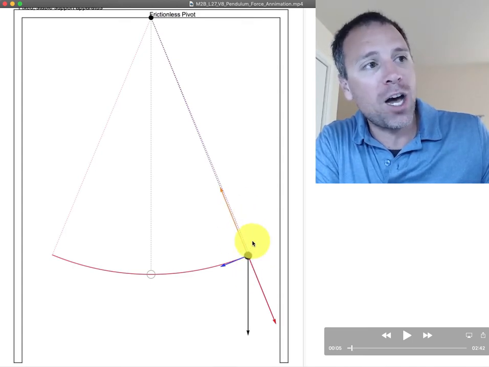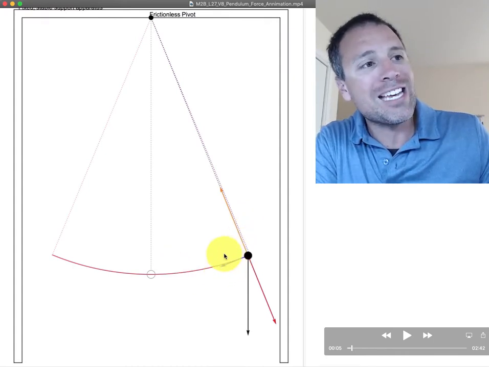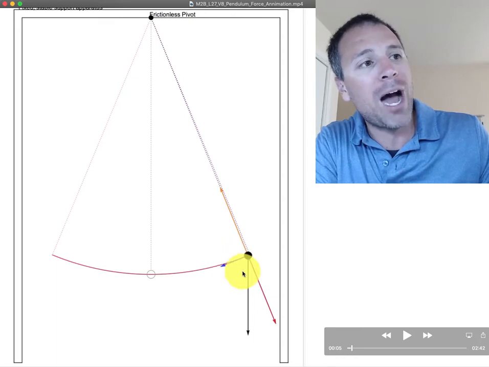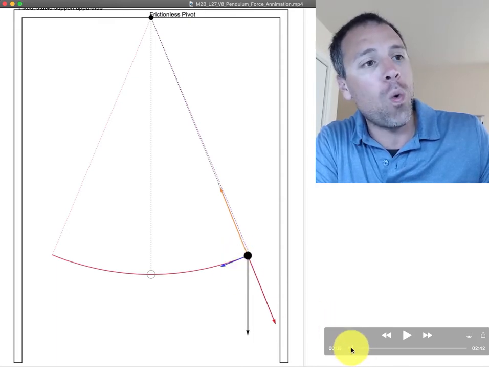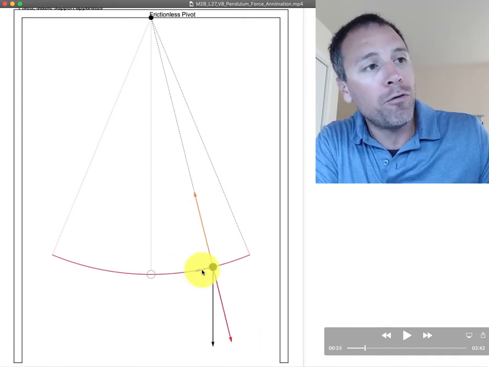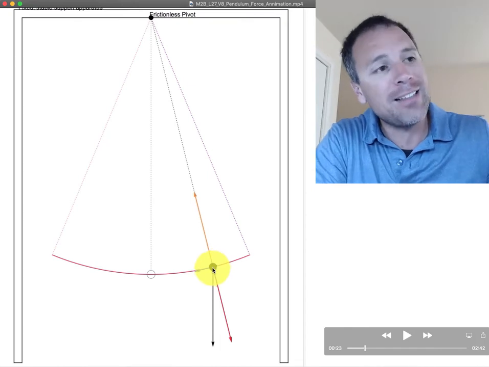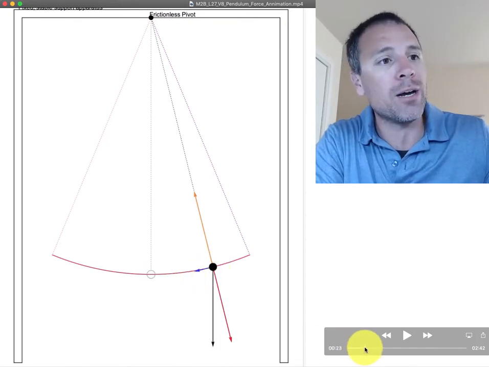That thing is going to stay constant along that vertical axis. In other words, the motion of this pendulum is completely determined by that blue force. So when that pendulum is moving downwards, the blue force, the tangential component of the force of gravity, is the thing that pulls it towards equilibrium.